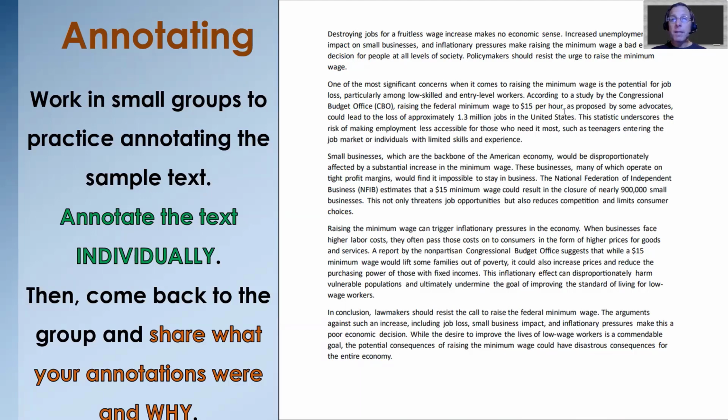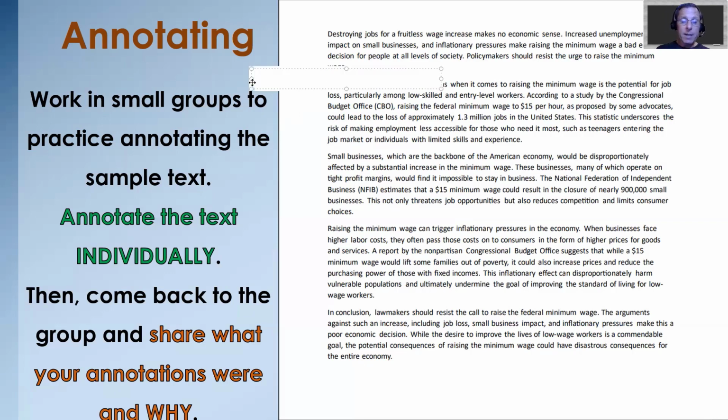According to a study by the Congressional Budget Office, CBO, raising the federal minimum wage to $15 per hour, as proposed by some advocates, could lead to the loss of approximately 1.3 million jobs in the United States. This statistic underscores the risk of making employment less accessible for those who need it most, such as teenagers entering the job market or individuals with limited skills and experience.